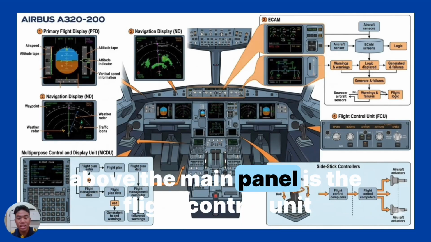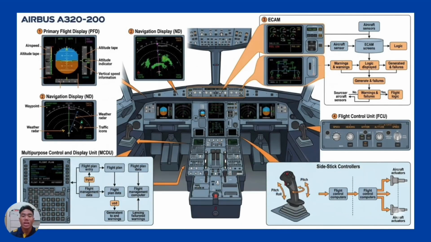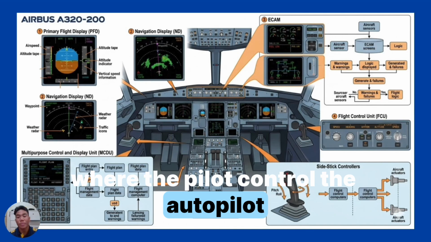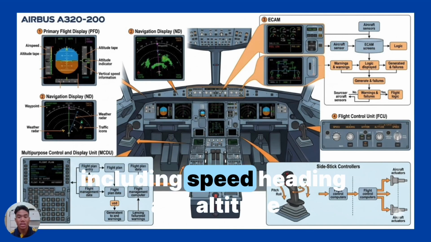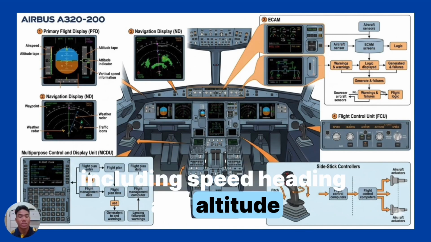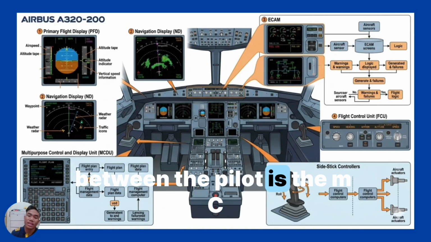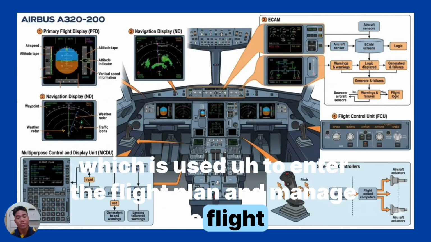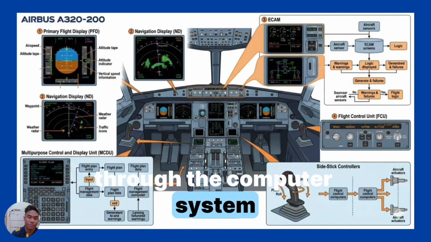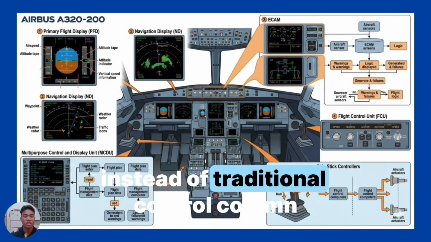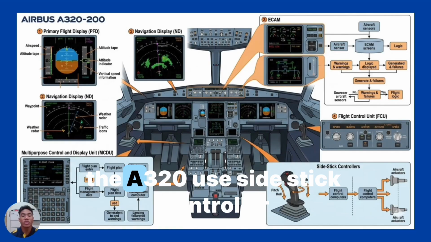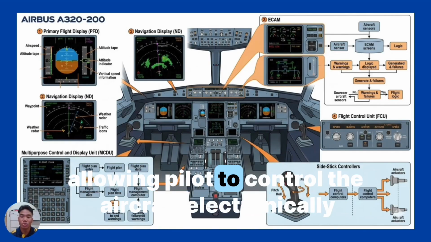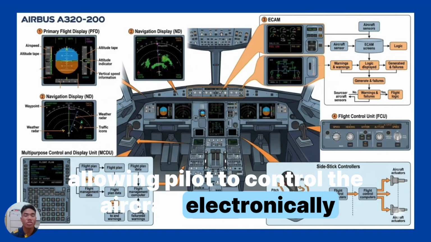Above the main panel is the flight control unit, where the pilot controls the autopilot, including speed, heading, and altitude. Between the pilots is the MCDU, which is used to enter the flight plan and manage the flight through the computer system. Instead of a traditional control column, the A320 uses a side stick controller, allowing pilots to control the aircraft electronically through a fly-by-wire system.